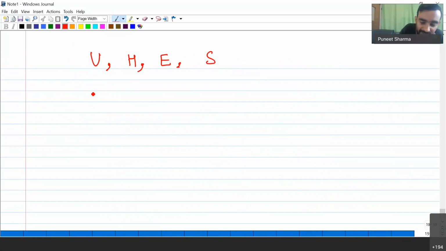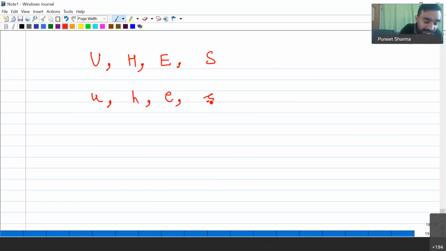And while we define the specific properties, in terms of specific properties, capital U by M we write as small u. Similarly, for enthalpy we write small h, for specific energy we write small e, and similarly for specific entropy we will be writing small s as our property.